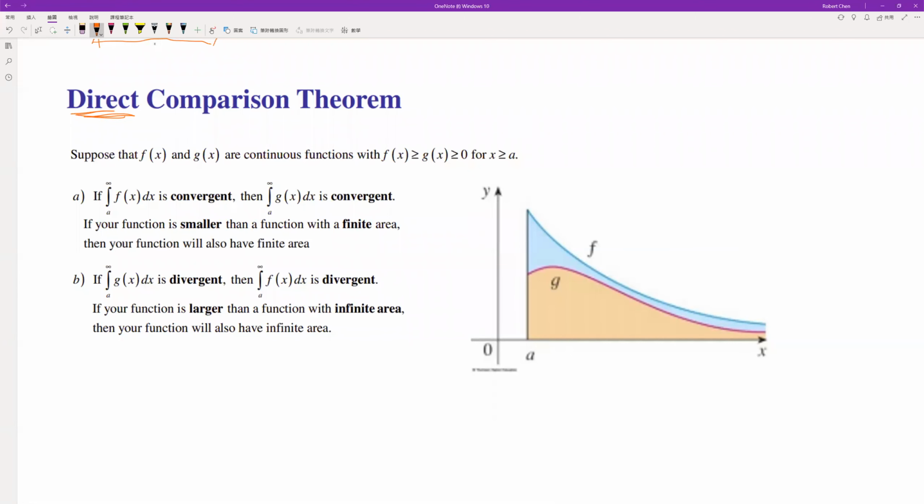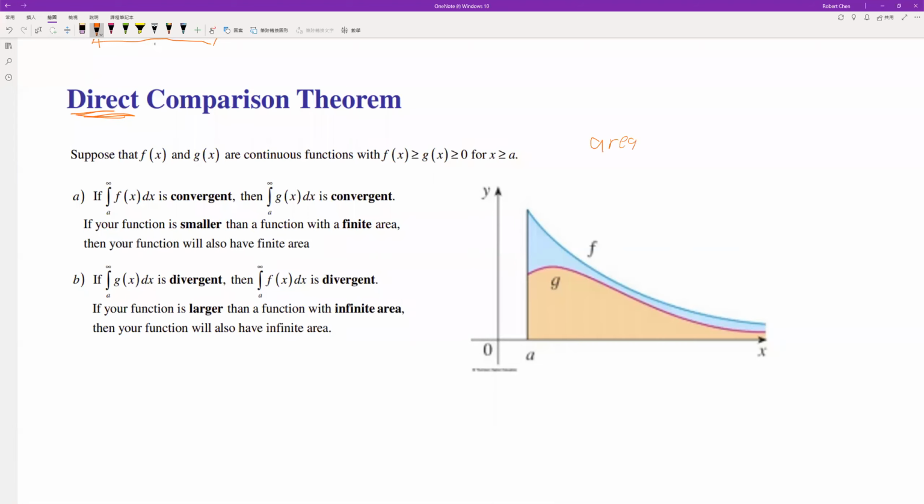All right, so let's just focus on part A. If the integral of f of x is convergent, then the integral of g of x is convergent. So what we're looking at here is the area under the curve f and the area under the curve g, with the same bound.